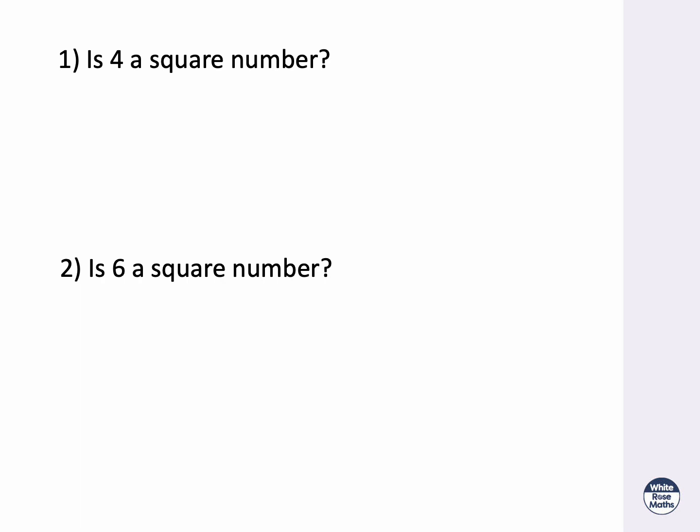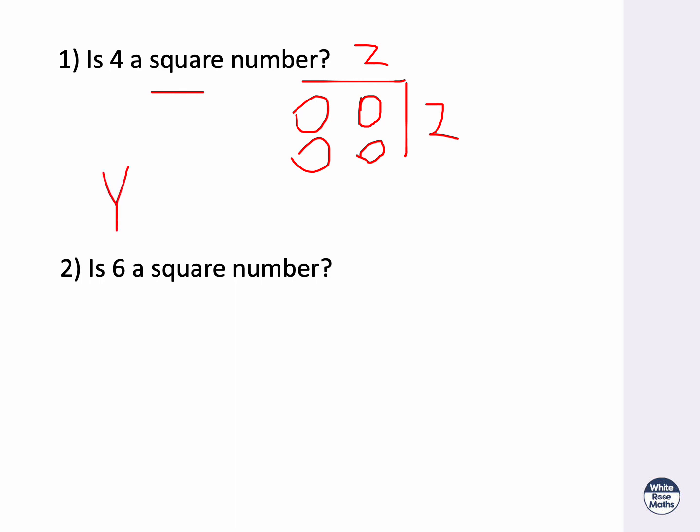Okay, so is 4 a square number? Well, thinking about it, I can make a square by doing 2 circles and 2 circles. That's 2 by 2, which means that yes, the answer is a square number. 2 times 2 is 4.